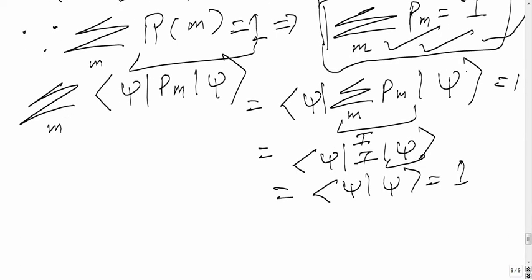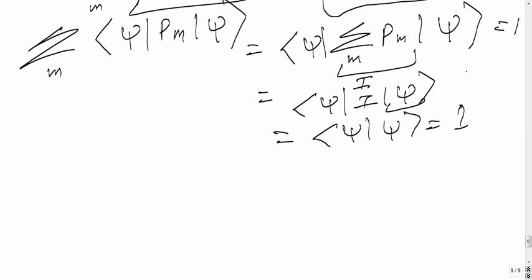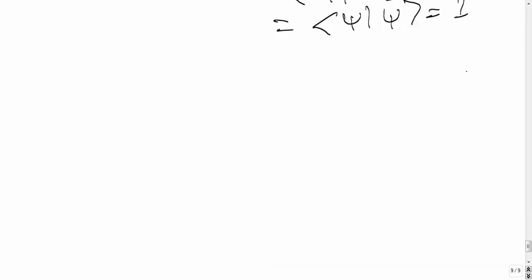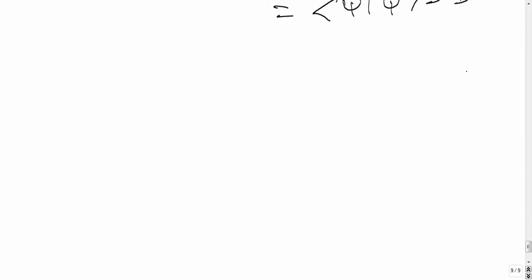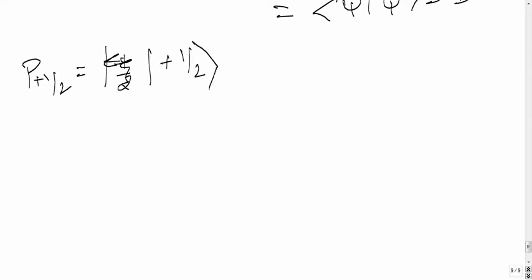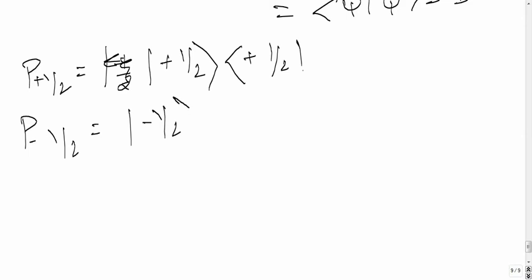Okay, so we can now, as an illustration, explain the Stern-Gerlach experiment based on this postulate. The projection operator corresponding to the plus h bar by 2 eigenvalue can be written like this, and the projection operator corresponding to minus h bar by 2 is given like this.